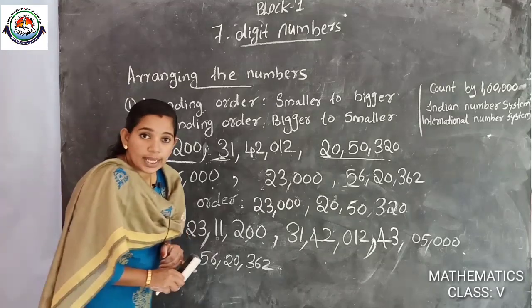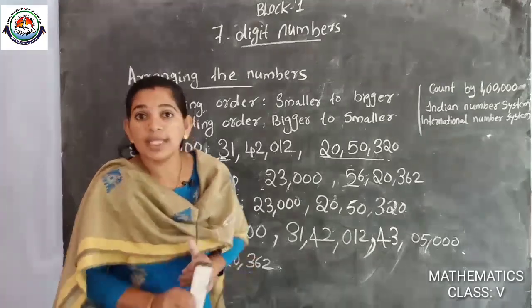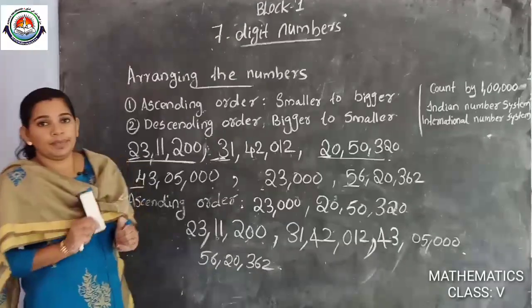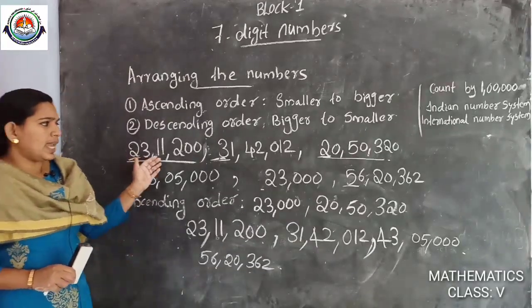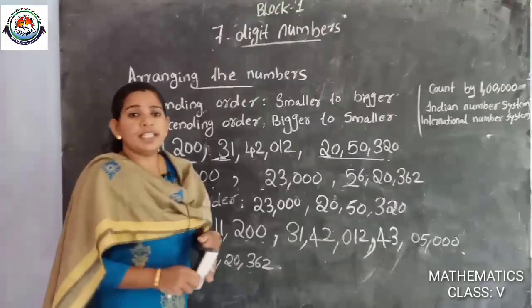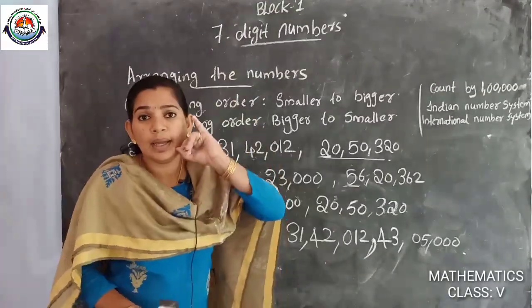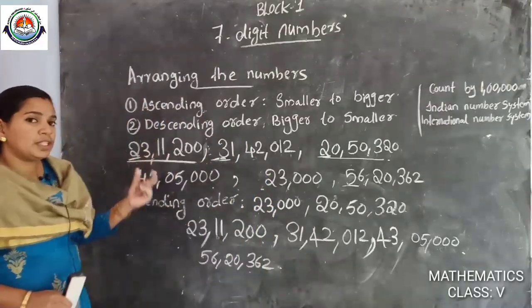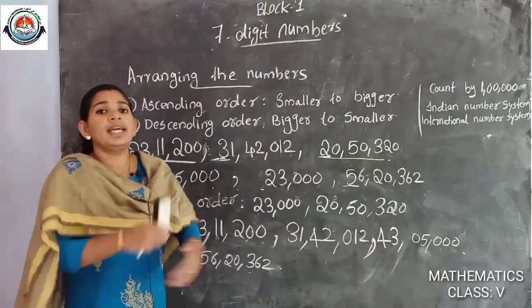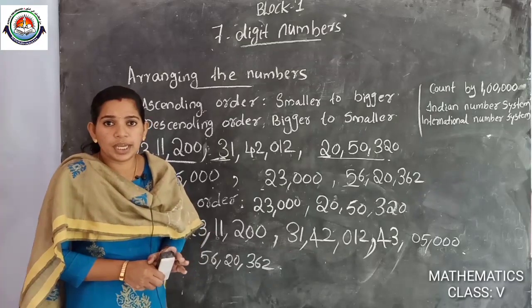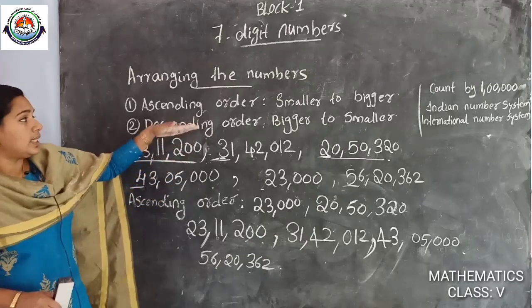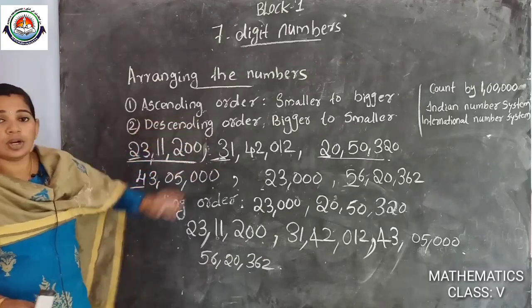First we count the digits; the number with the fewest digits is the smallest. Then for the same number of digits, we check the highest place digit. If that is also the same, we check the next place, and arrange in ascending order.